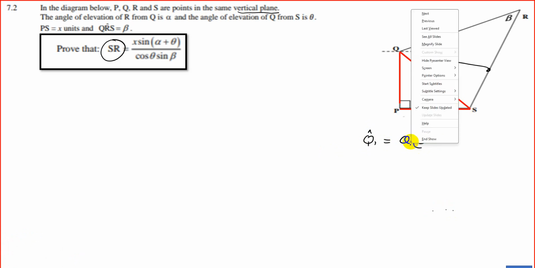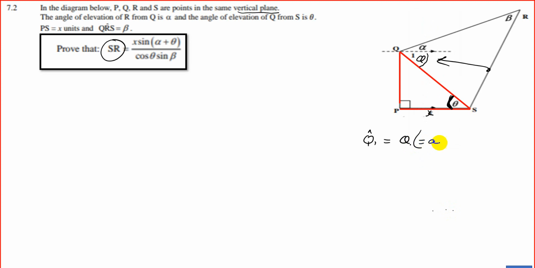Just to point that out again in case you missed it, we've got an alternate angle theta equal to the angle at S, theta. So we can make a statement that Q1 is equal to theta, and the reason is equal alternate angles. Together this angle is alpha plus theta, which I want to make a note of.